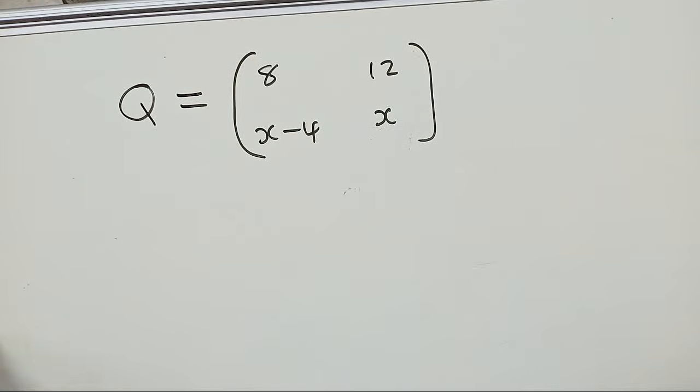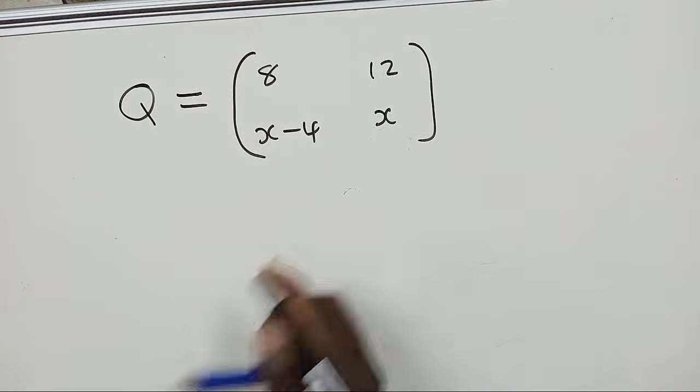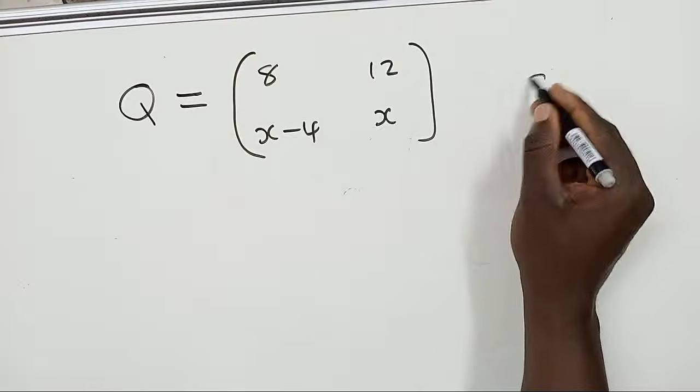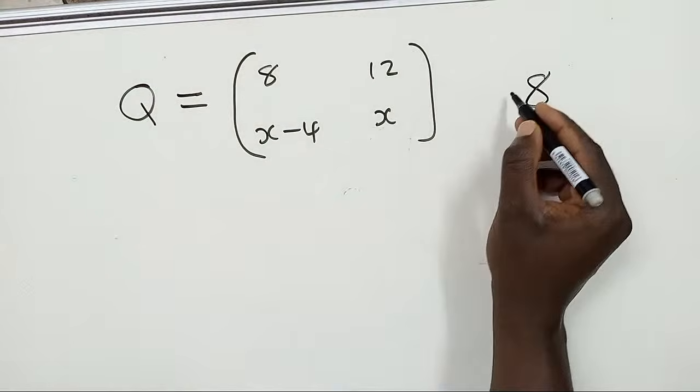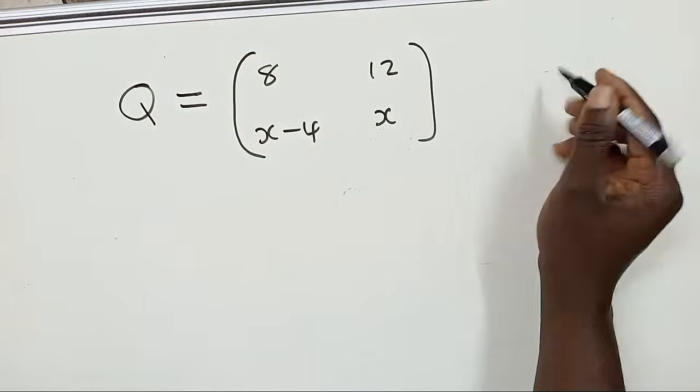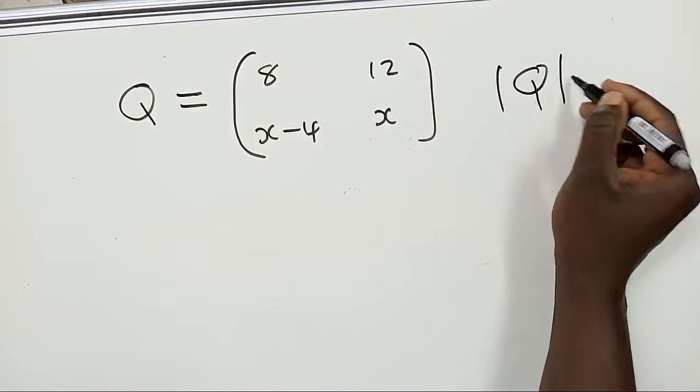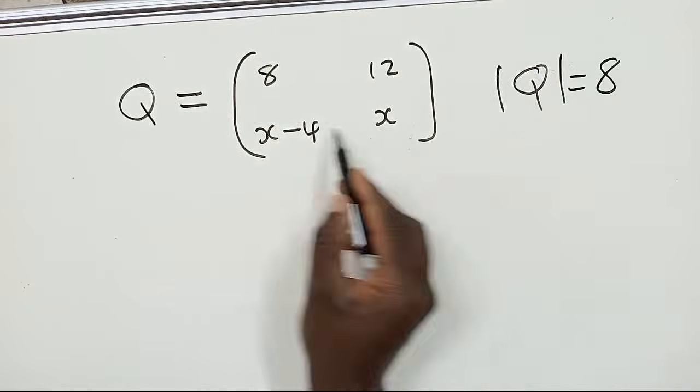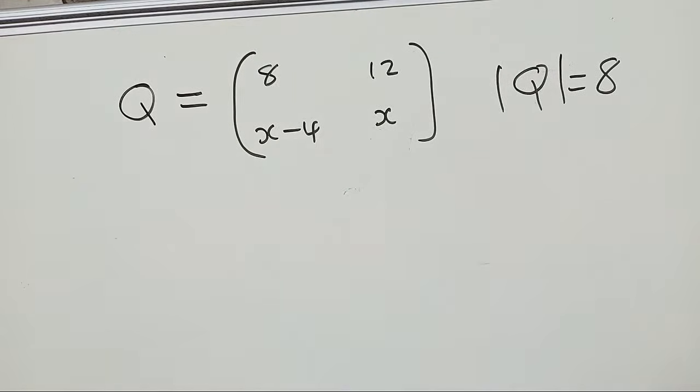Okay, so they're saying the determinant of matrix Q is 8. Let me put it in this way so that you understand that this is the determinant. So the determinant of this matrix is 8. Find the value of x. So how do we find the value of x?